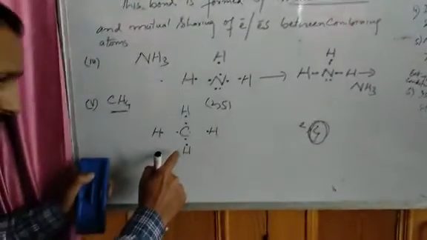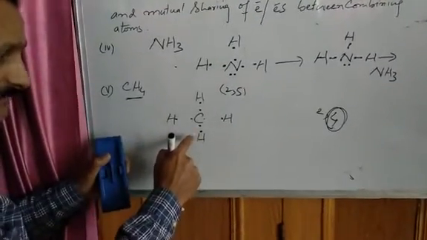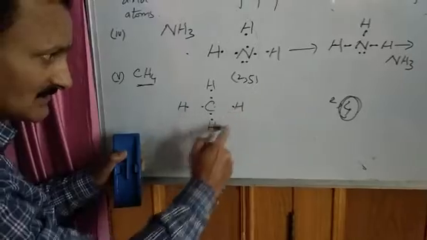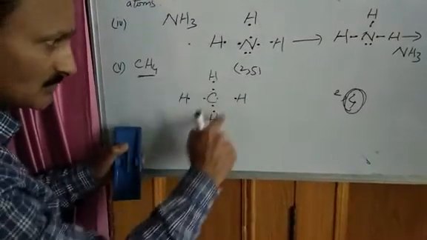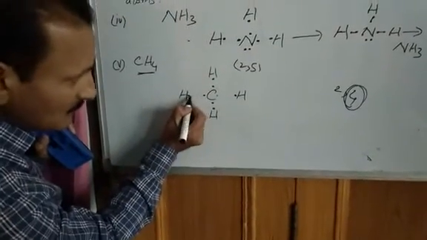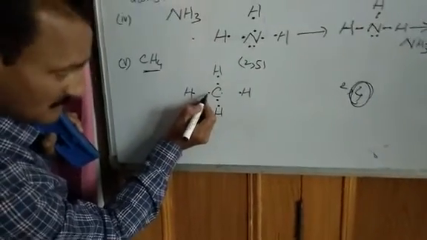Now, in order to make these hydrogen atoms stable, these 4, there will be mutual sharing of 1 electron in all cases, like this.